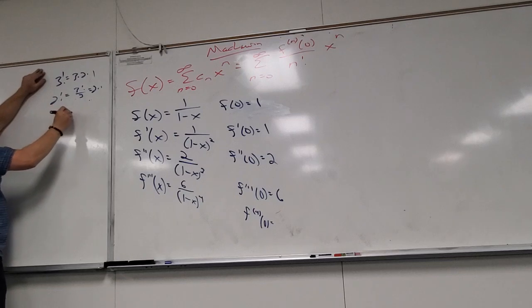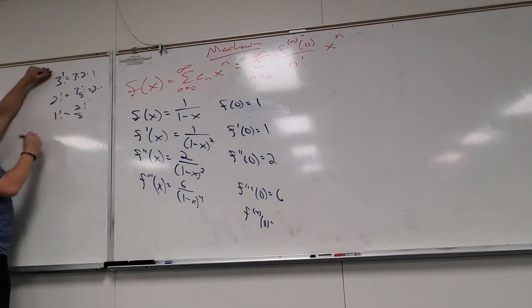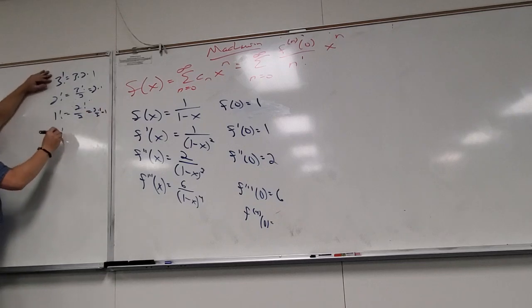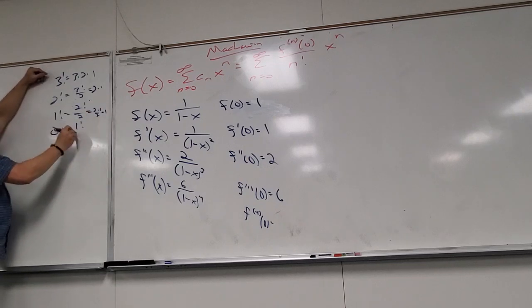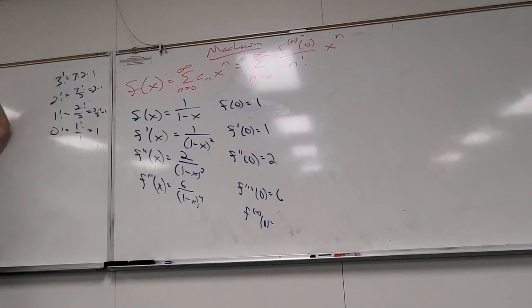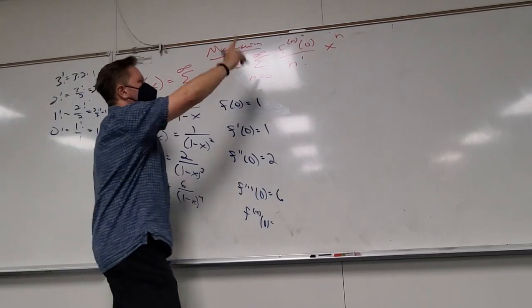What's 1 factorial? It's 2 factorial divided by 2, which is 1. What's 0 factorial then? 1 factorial divided by 1, which is 1. Yay. So it's not just defined to be 1. It is 1.